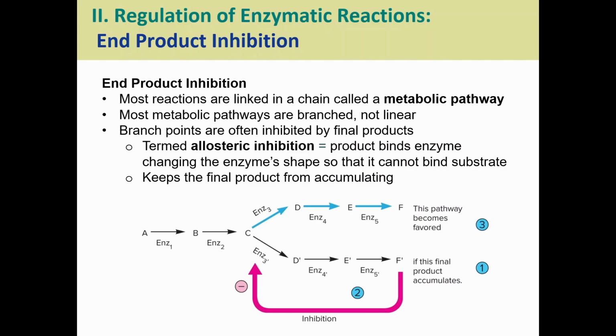We basically have eliminated the ability for a substrate to fit in the active site. This is going to keep us from getting too much of a final product. We don't want it to accumulate to the point where we can't use it all, or we've wasted supplies, we've wasted energy. And so our final product can basically turn off the earlier sections of the chain.